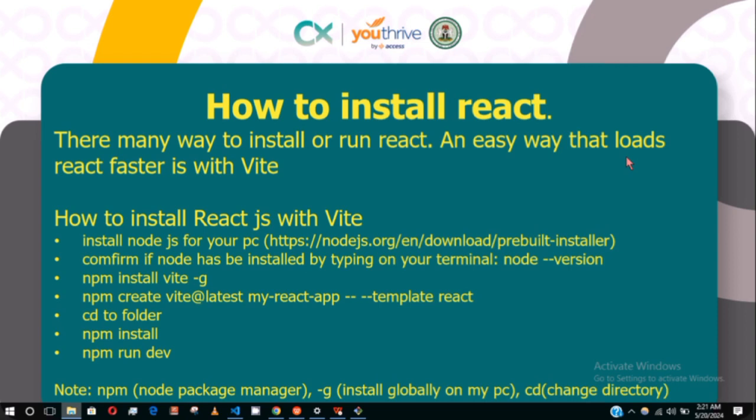So you're going to follow these steps accordingly. So the first step is to install Node.js for your PC. And why are we installing Node.js, and what is Node.js? Well, Node.js is a package that enables us to run JavaScript outside of our browser, and it comes with a package also that is called npm, which is Node Package Manager.